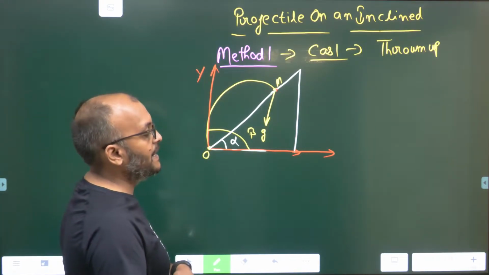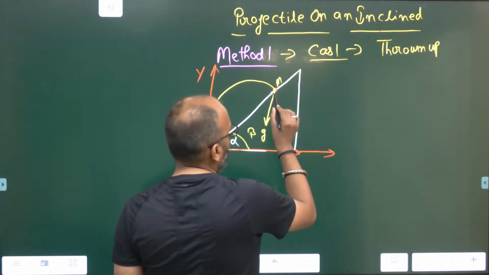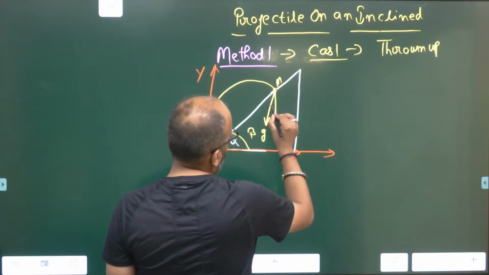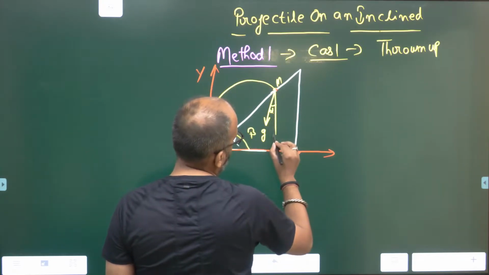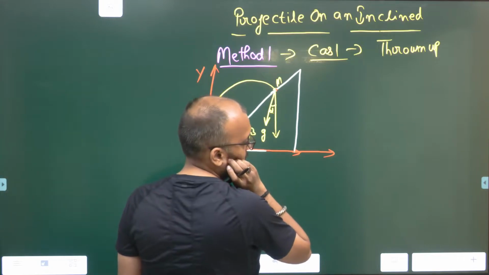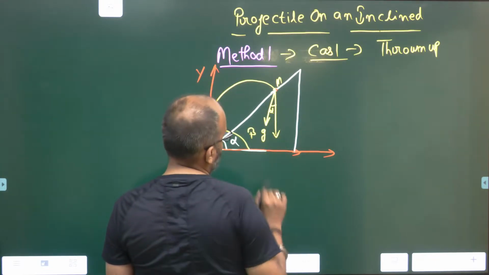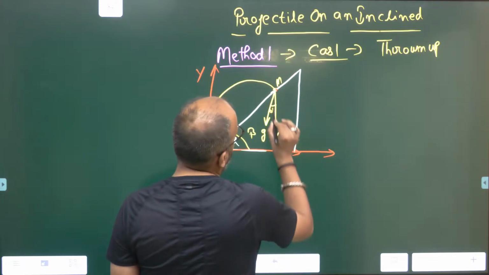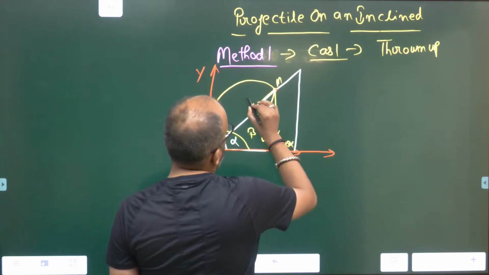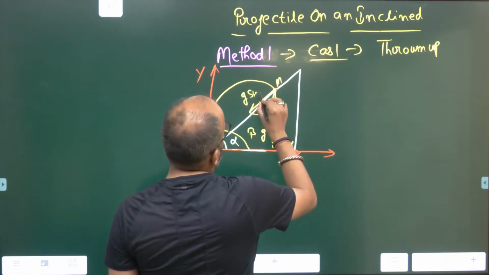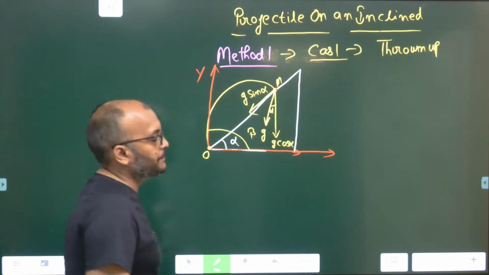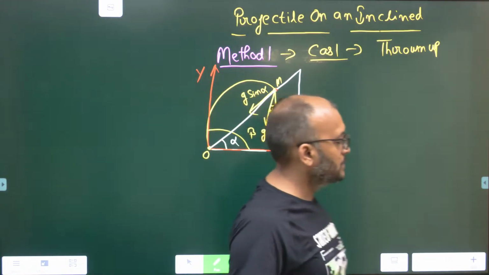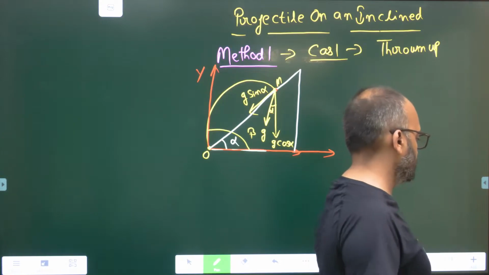So body will make an angle from the vertical, and that will also be alpha. Yes? So if you resolve acceleration due to gravity, in this direction you will get g cos alpha, and in this direction you will get g sin alpha. Any problem with this? Please tell me any problem. That's clear.